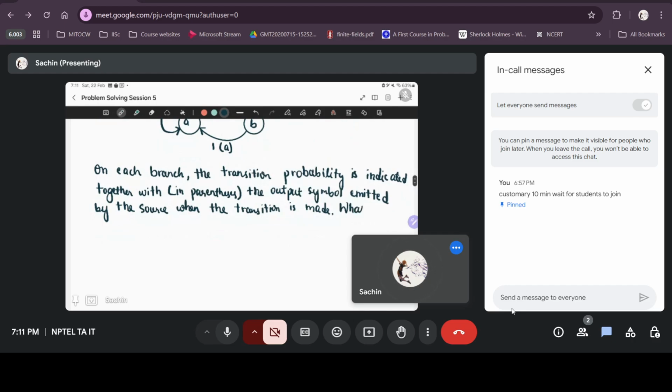What is the entropy rate of the given Markov source?